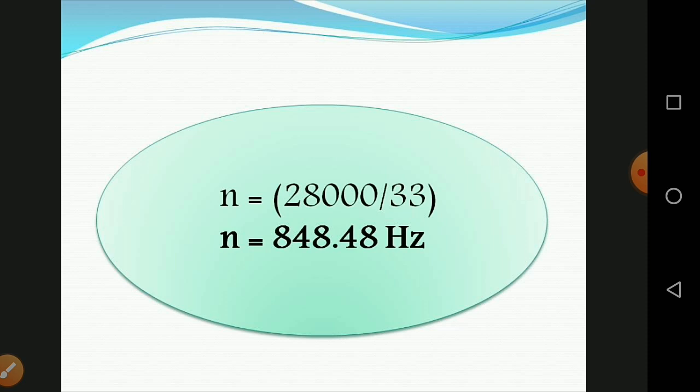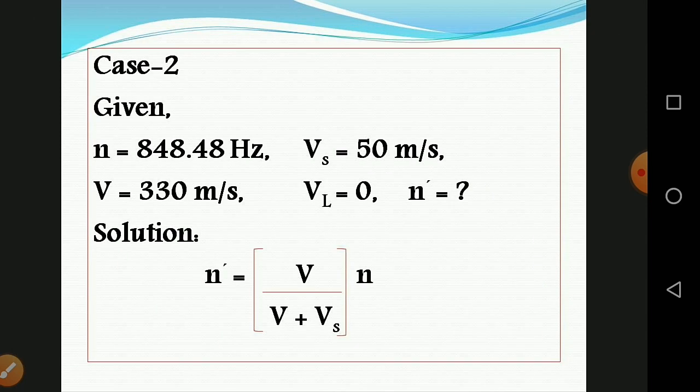We know the actual frequency of 848.48 hertz. And the next one, case 2. So 848.48, and the velocity Vs is equal to 50 meters per second, and V is also known, 330 meters per second, and VL is also at rest. When a source moves away from the listener, we find the N dash.